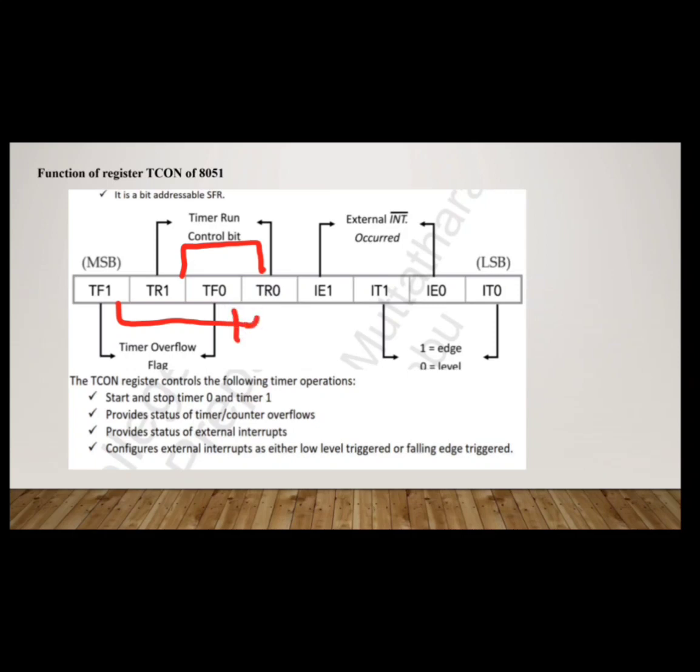Then it provides the status of external interrupts through IE0 and IE1. Then it configures external interrupts as either low level triggered or falling edge triggered. IT0 and IT1 tell whether the external interrupt is low level triggered or edge triggered.